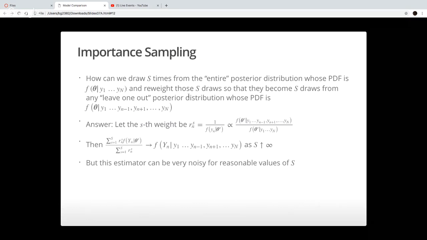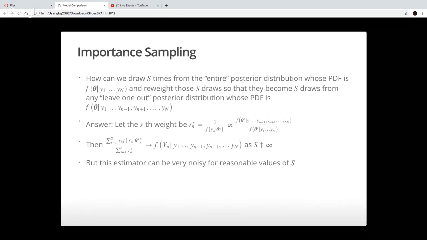So if I have S draws from the posterior distribution, I want to go through my observations one by one and evaluate the contribution of the ith observation to the likelihood function across the S draws from my posterior distribution.